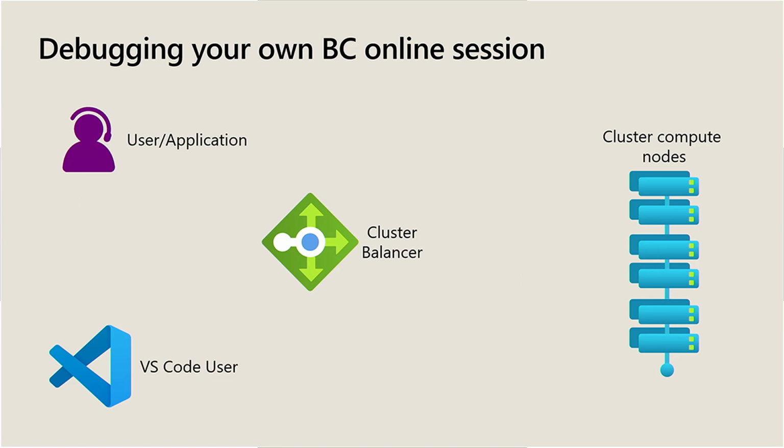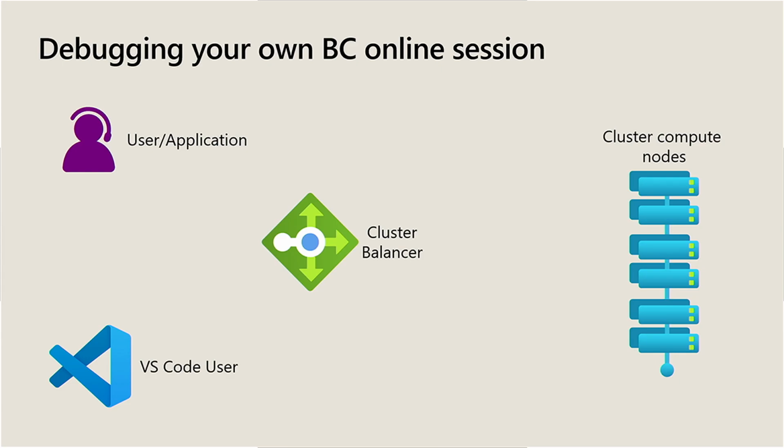So many of you have already debugged in VS Code, but in BC SaaS it's a bit different because the user is in one machine, but the session you want to debug is on another machine. So let's see a bit of this magic that's going on behind the scenes and how it works for each of the types.